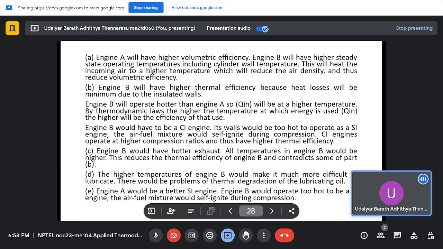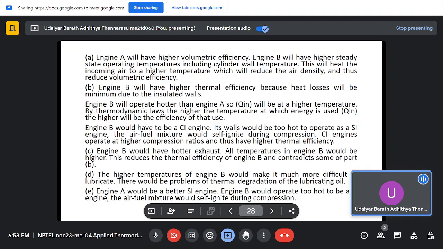Because engine B is adiabatic, whereas in engine A you have water cooling, the water will take away some heat, so it will not raise the engine temperature or the wall temperature and the contents inside. That temperature will not be raised because some amount of heat is taken away by the water. So the internal engine temperature will go down.